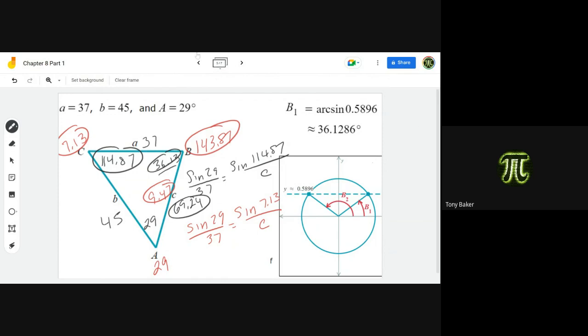Does that make sense? All right, let's see if I can find one that's not going to have it, but I want you to see it. Try another one. This is me not coming up with a problem off the top of my head.